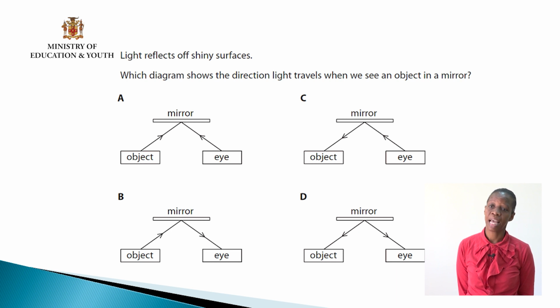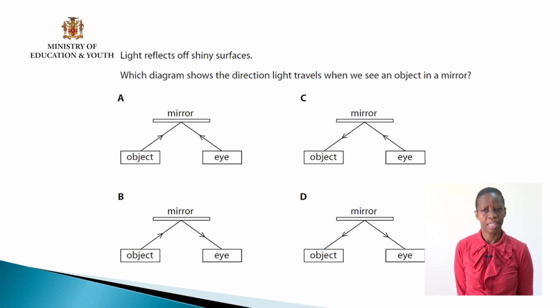C. C has our eye, yes, the light ray coming from our eye, bouncing on the mirror, and then going on to the object. Is that the correct order? And the last one, D. D has the light rays coming from the mirror to the object and from the mirror to our eyes. Is that the correct way in which we see an object?